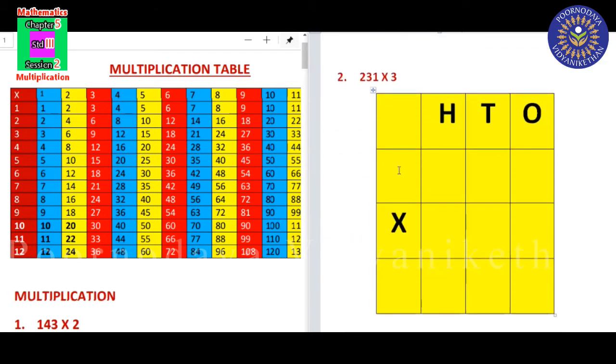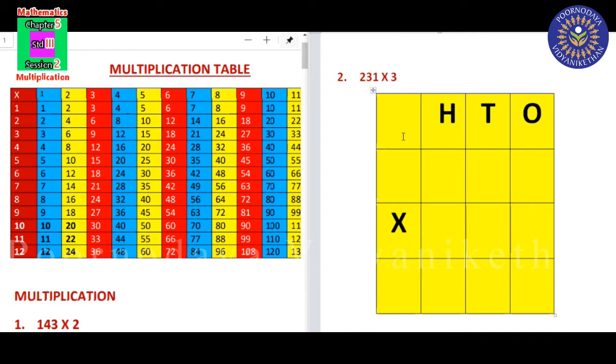Then, one more example. Next, we are going to multiply 231 by 3. So, first what we have to do? Arrange the digits of the numbers in their correct position. 231 is a 3-digit number, so there is ones place, tens place and hundreds place, we know.